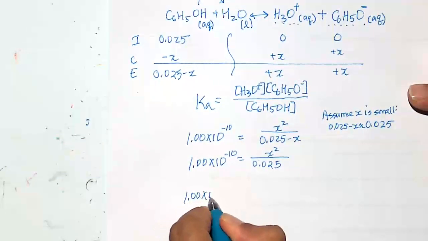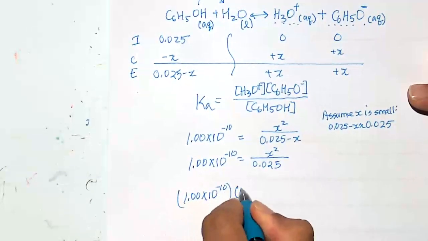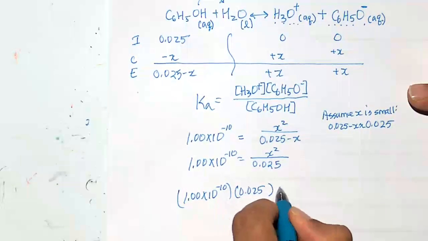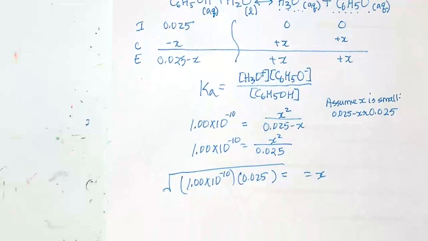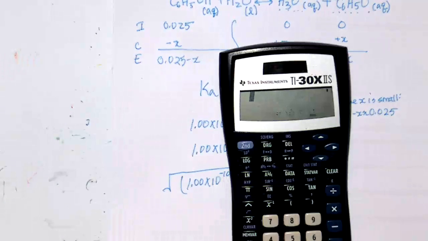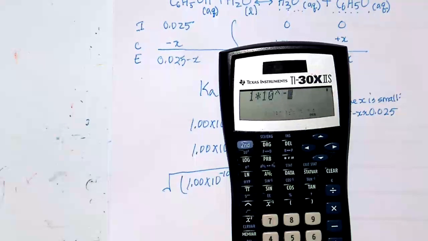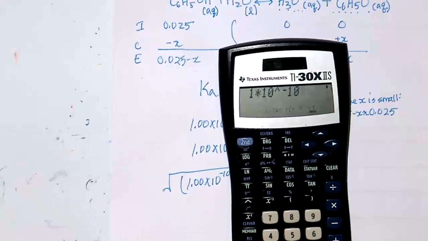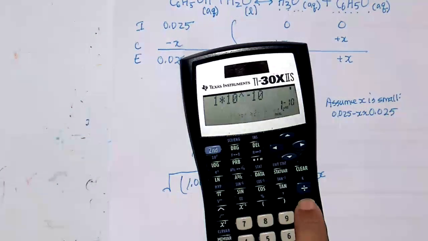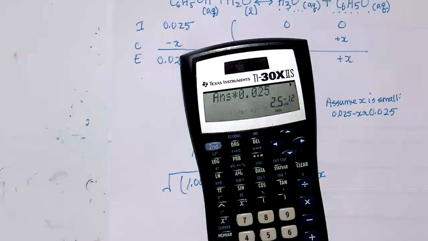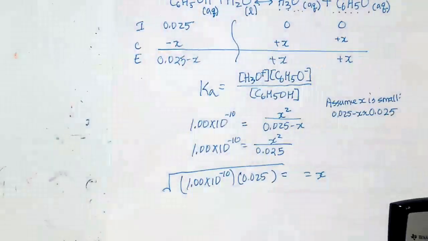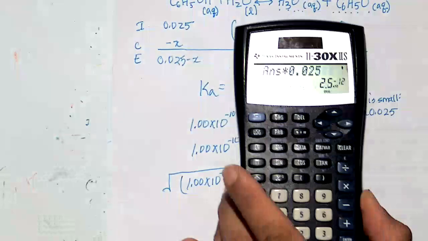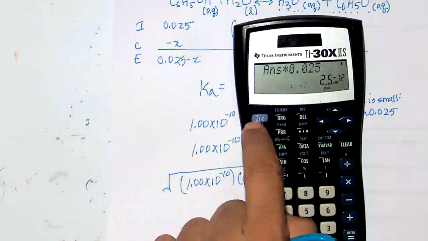So 1.00 times 10 to the minus 10 times 0.025. I'm going to square root that to get x from x squared. And what is this, 2.5 times 10 to the minus 8? Oh, 10 to the minus 12, I'm sorry, I'm backwards. 2.5 times 10 to the minus 12, and I'm going to square root that to give us x.